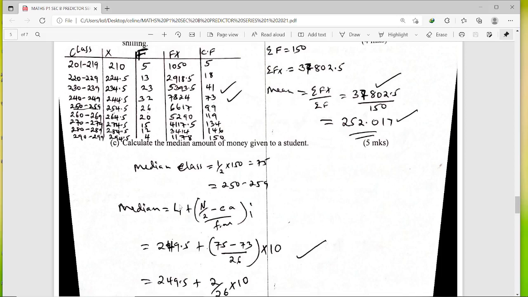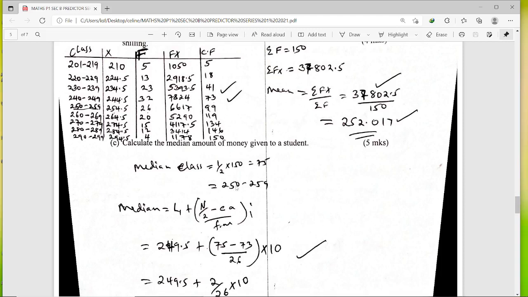So the lower limit of this class is 250 minus 0.5, which gives you 249.5. 249.5 plus n over 2, that is 150 over 2, which is 75, minus the cumulative frequency above the median class, which is 73, over the frequency of the median class, which is 26, times I, the class width. So the class width here, remember, is the upper limit 259.5 minus 249.5.